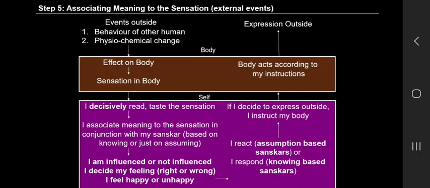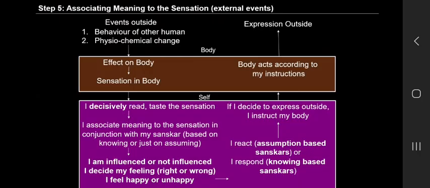So what is happening at the level of the body? Sensations are happening at the level of the body. I have seen her image, this expression has come to my body, and now I am seeing it with the help of the eye. Then with this expression of body, two things can happen.